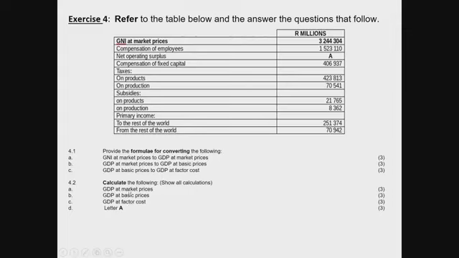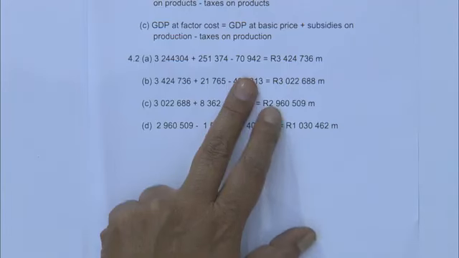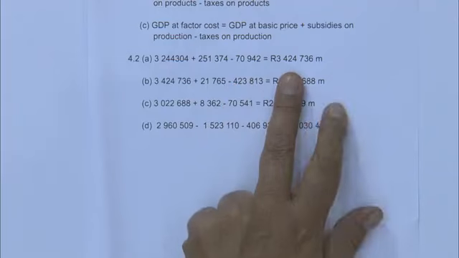So to get to GDP at market price, you've now got to start with this figure, which is 3244304. So we're working our way back. So we're going to say 3244304 plus our income to the rest of the world minus our income from the rest of the world. So it is 3244304 plus 251374 minus 70942, which will then give you your 3424736.